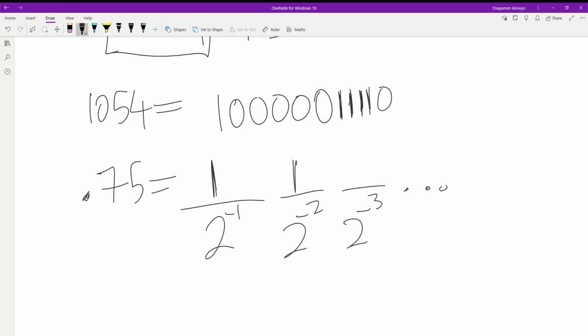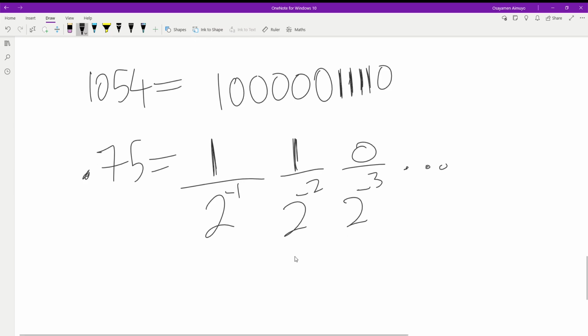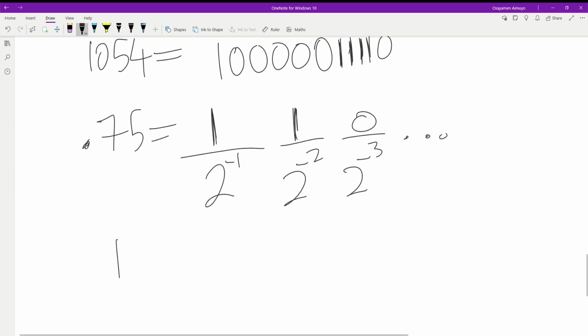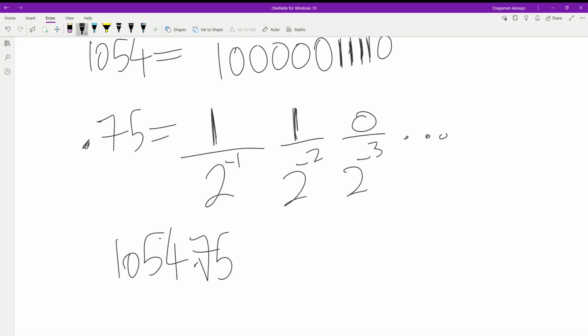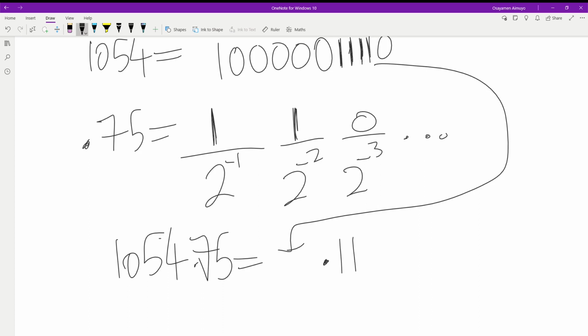So you have a 1, and the rest is 0, so you don't have to include this 0. So we have something like this: 1054.75 equals 1054 and then 0.11.